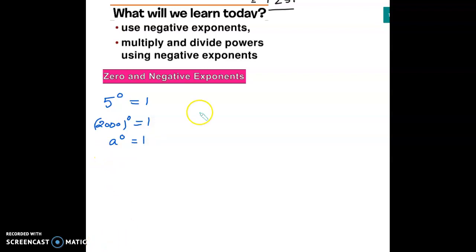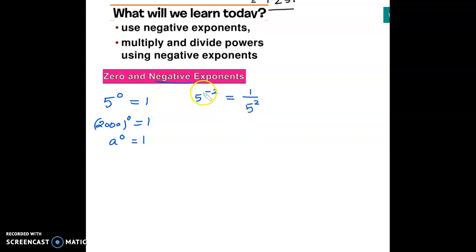Okay. Now let's look into the negative exponents. Negative exponents are basically, let's say if I have 5 to the negative 2. So when I have a negative exponent, to make it positive, I bring this whole exponent to the denominator. So it's going to be 1 over 5 to the positive exponent.